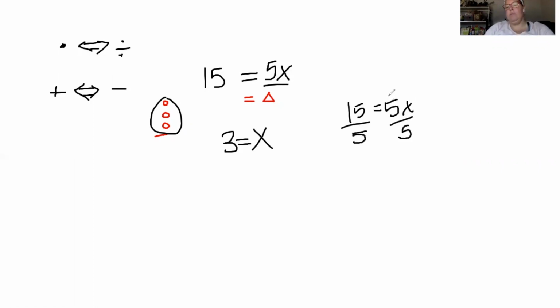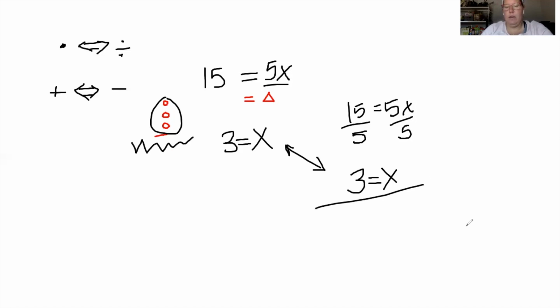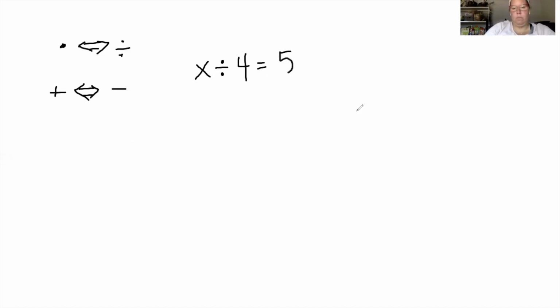What happens is 15 divided by 5 equals 3. And 5 divided by 5 is 1, and 1 times x is x. So these are the same. This is the way we've been doing it with our hands-on. This is mathematical. The point is you're always doing the opposite.